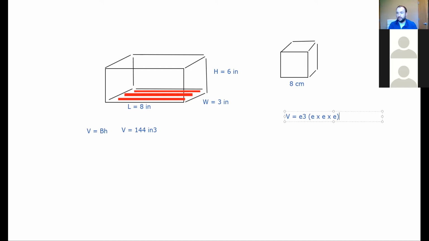Either way, you're doing 8 times 8 times 8, which comes out to 512 cubic centimeters. Okay, so let's pause there.